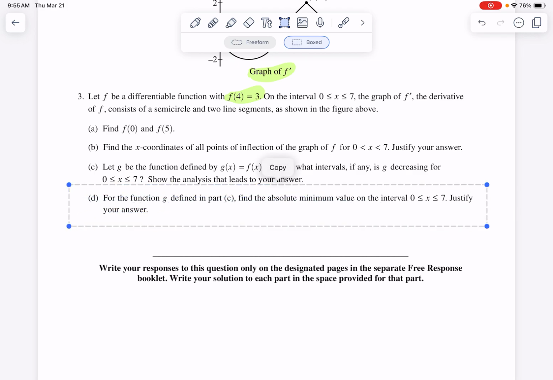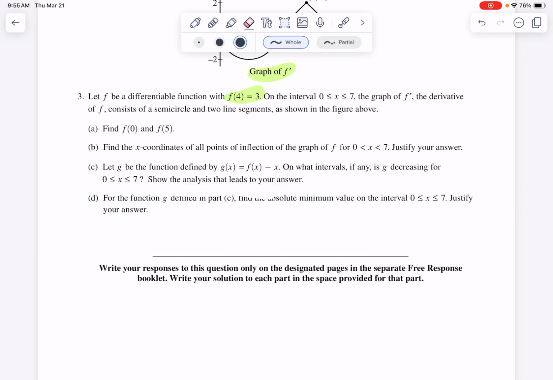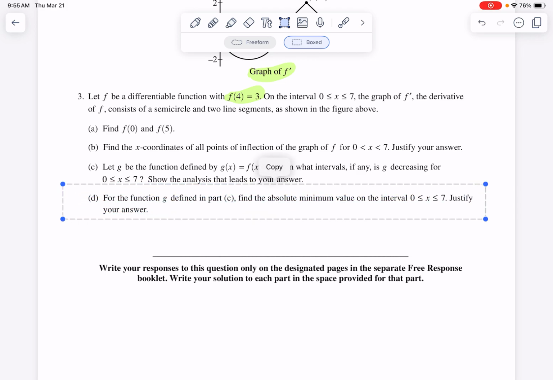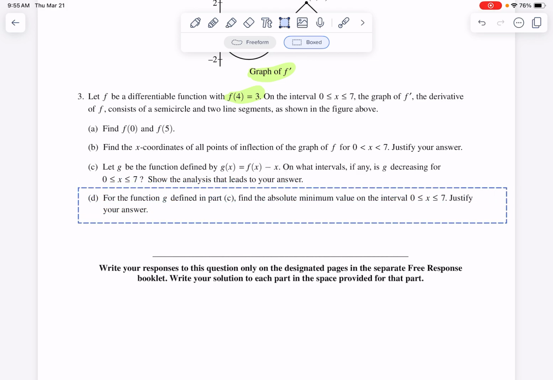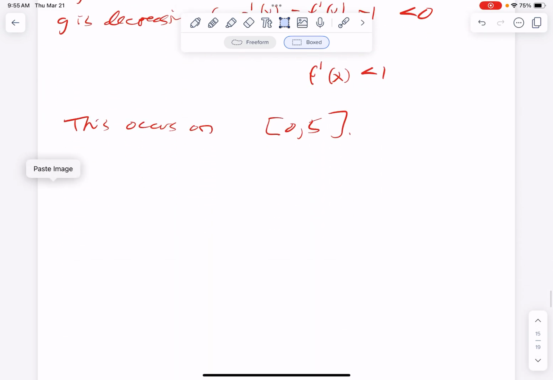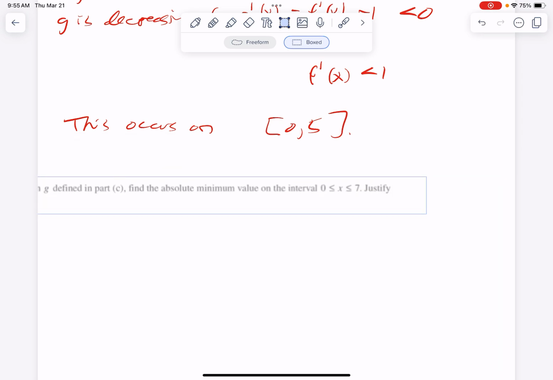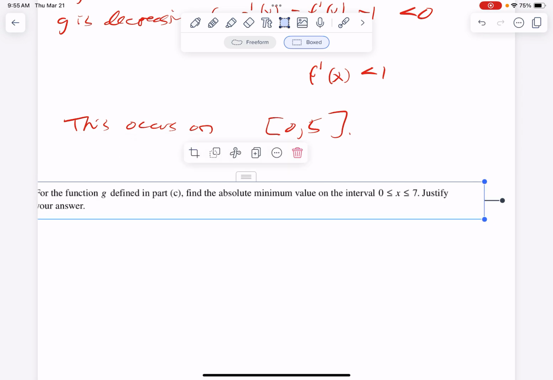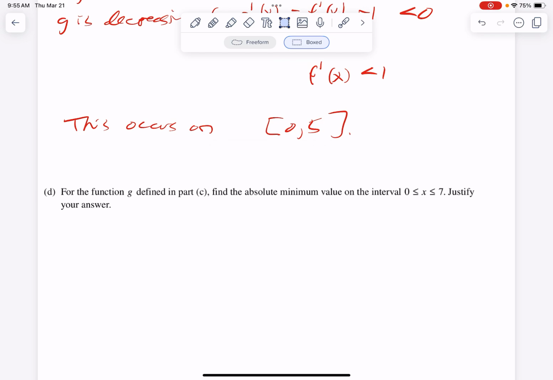For the function g defined in part C, find the absolute minimum value on that interval. Did I copy this correctly? Okay, so let's just write this.